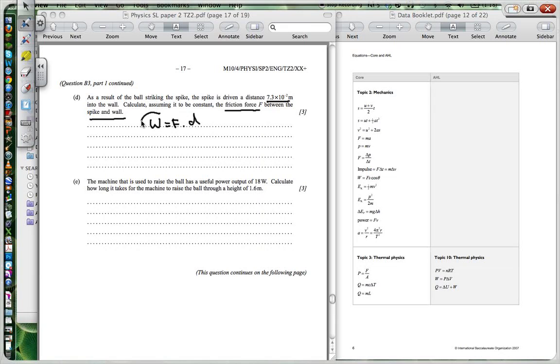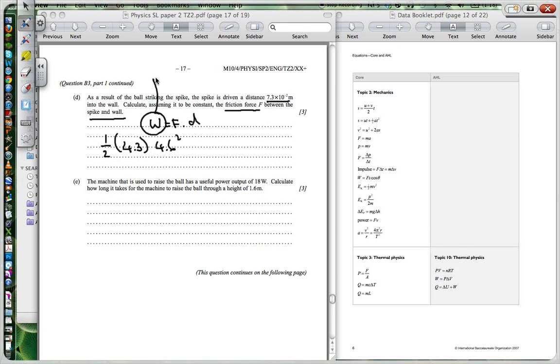Now this work would be all the energy that it had, so that equals the value that we worked out, your half times 4.3 times 4.6 squared.